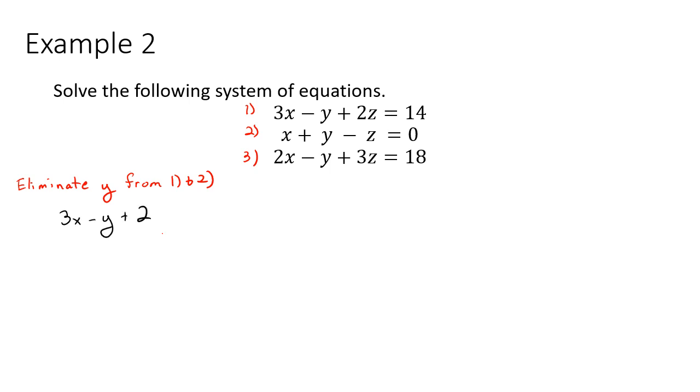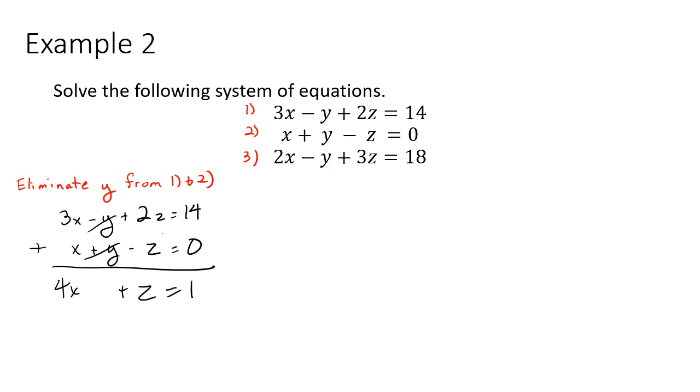So we've got 3x minus y plus 2z is equal to 14, and the middle equation is x plus y minus z is equal to 0. If I add those together, we would get 4x. The y's would cancel, which is the point. 2z minus z would be a plus 1z, and 14 plus 0 would be 14. I'm going to come back to this equation in a minute, so I'm going to label this as equation 4.